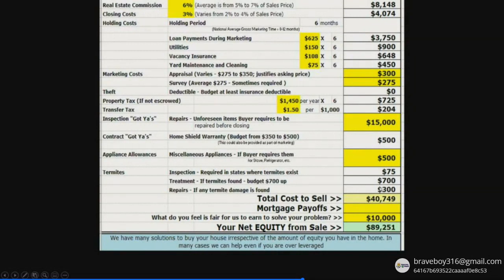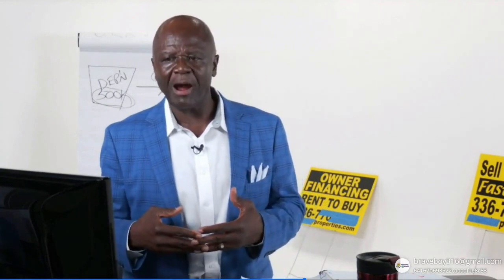Now, when I'm figuring this out, I already know the numbers, but I'm going to sit there with the seller and go through these things line by line, everything that I'm going to use as a part of the presentation, to let them see what their bottom line is going to be should they sell this property. So oftentimes, guys, if they're in a seriously motivating situation, then they're going to actually be willing to write a check.